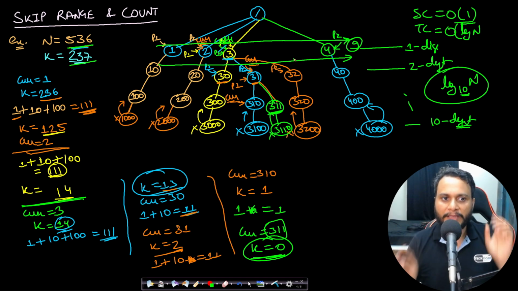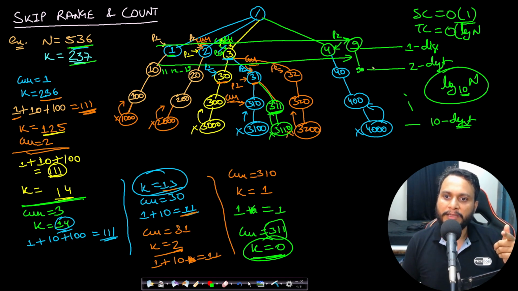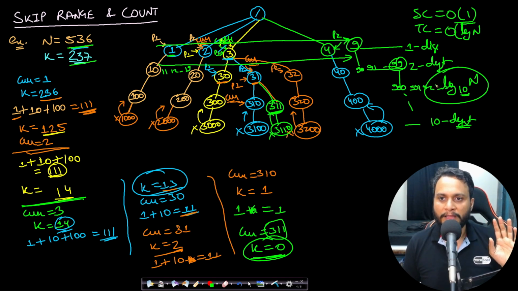So at every level, even for the first level, the next numbers are 11, 12 and so on till 19, right? So even if you have gone to 9, there can be 90, 91 and so on till 99. So you can go to 99. The next number can be 990, 991, 992 and so on till 999. So at every level you may have to take approximately 9 to 10 steps, which is log of n again.